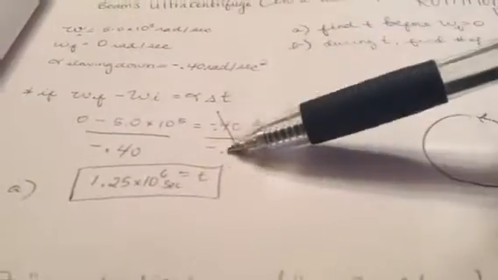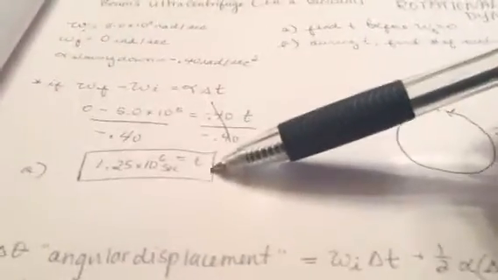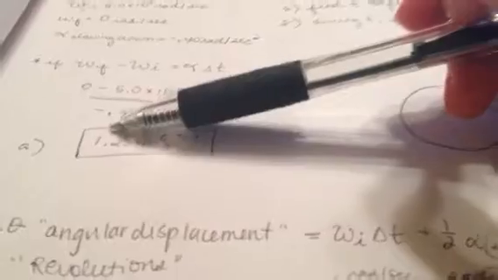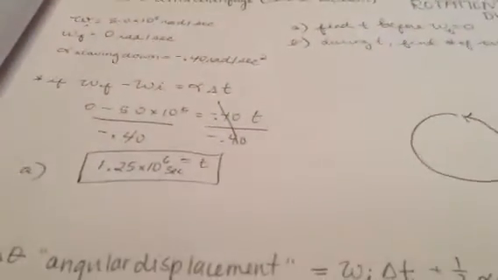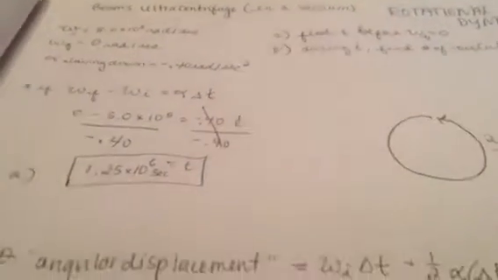Divide by negative 0.40, and you get time, a positive number, 1.25 times 10 to the 6 seconds, and that's how much time it takes to stop.